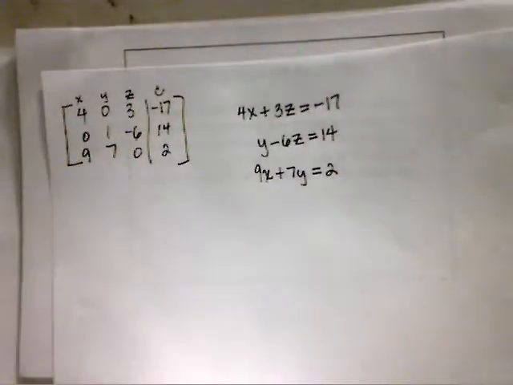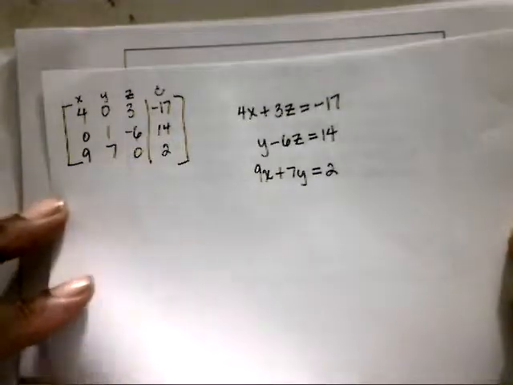So this is your system of linear equations from that augmented matrix. 4x plus 3z is equal to negative 17. y minus 6z is equal to 14, and 9x plus 7y is equal to 2. Okay, so that's your system of linear equations represented by that augmented matrix.